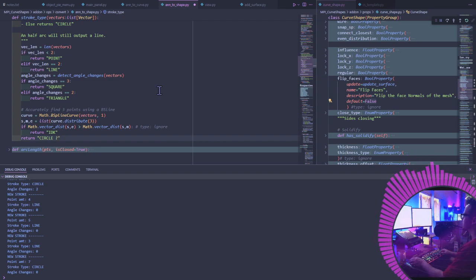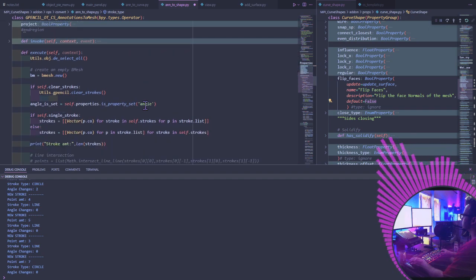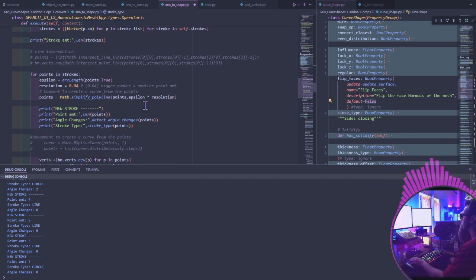Circle? Okay, I'll just use this function down here instead. All right, just like that.